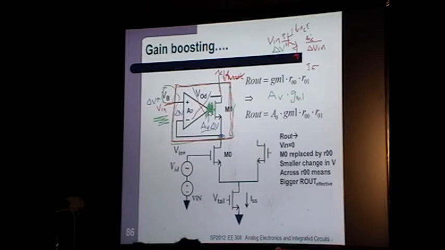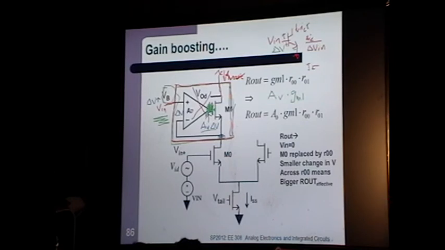Okay, I really hate to do this on video, so we will talk about this again, but it's really hard to tell, because this is one of the most difficult concepts to grasp when you're talking about increasing gain. It's this gain boosting. The whole idea is to draw a black box around something, change its V in, and see how much the current changes.